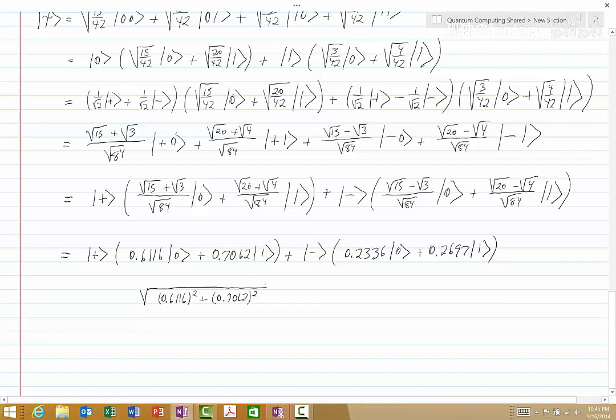And for this term, we will multiply and divide by the square root of 0.2336 squared plus 0.2697 squared.